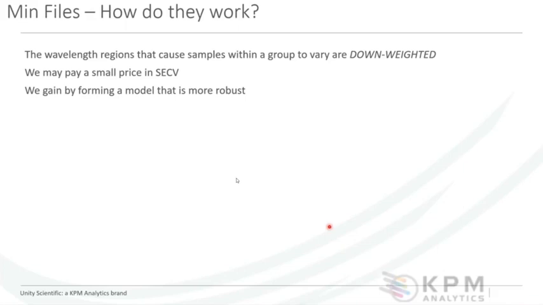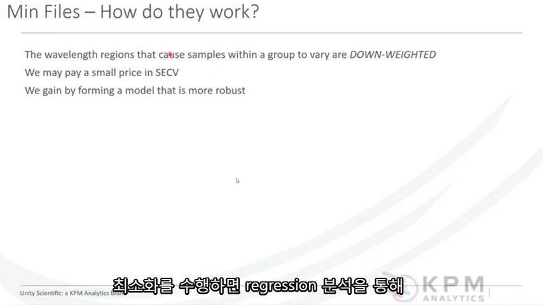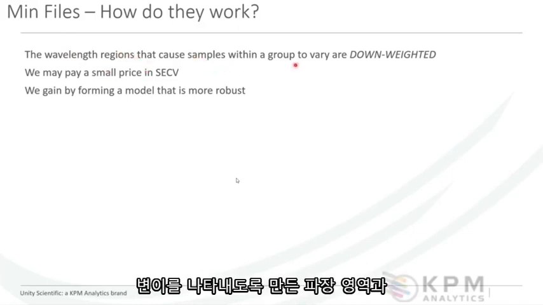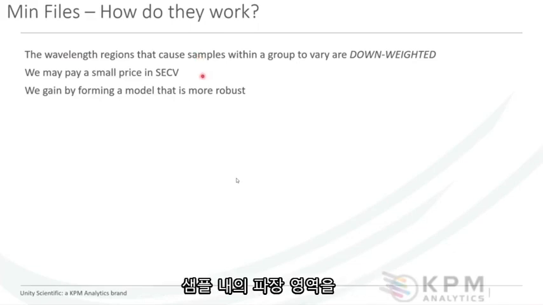We'll talk about this in a second, but the way that they work is that we put a file into the regression, and it represents specific variation. And what the minimizations do is they allow the regression to identify the wavelength regions that cause samples to express more variability.